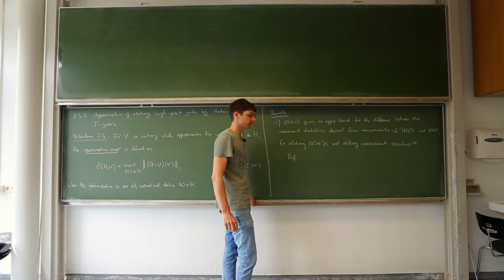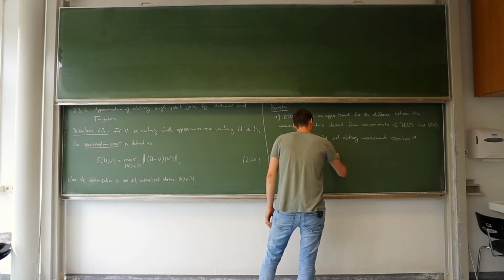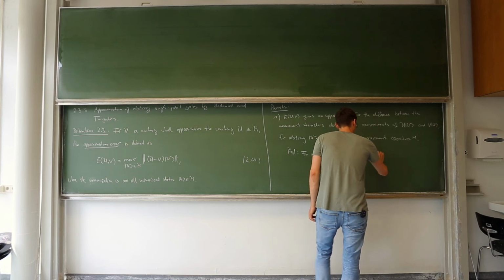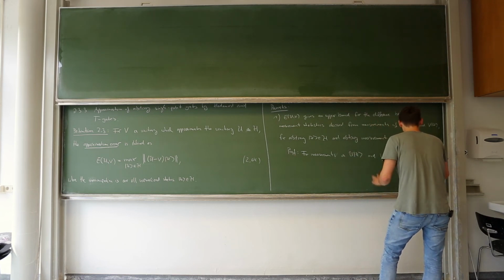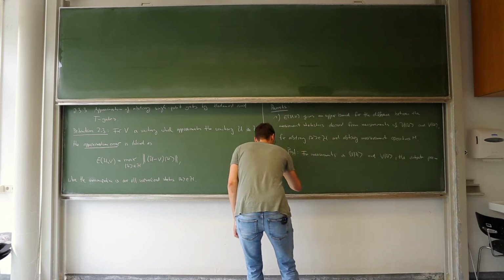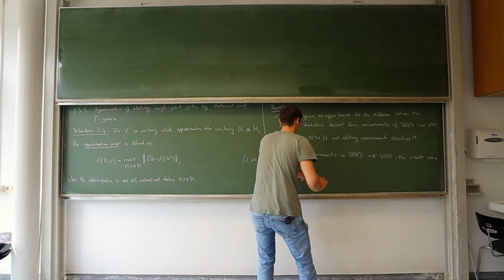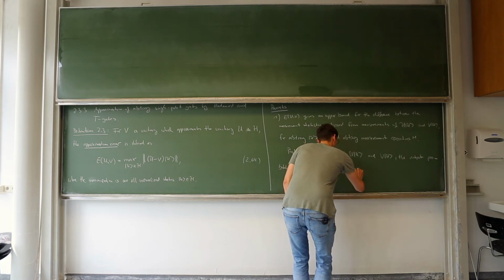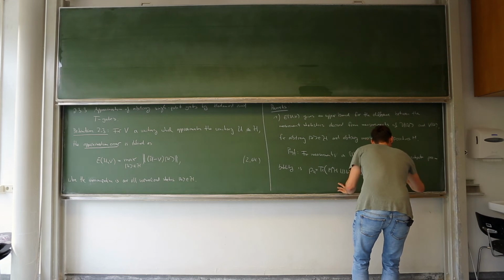Okay, so let's prove the statement. So for measurements on the state U psi and V psi, the output probability is P_U equal to the trace of M dagger M U psi psi U dagger, which is equal to psi U dagger M dagger M U psi.